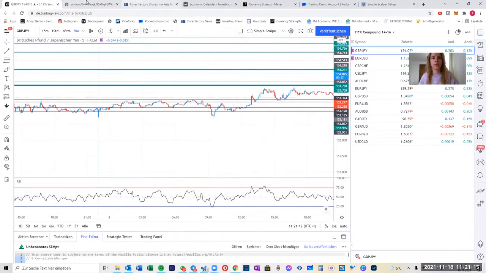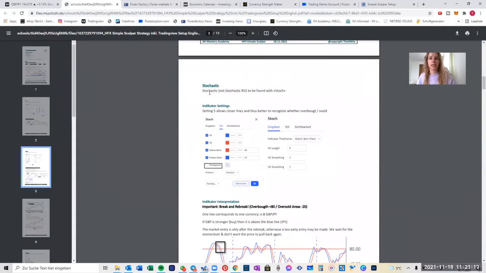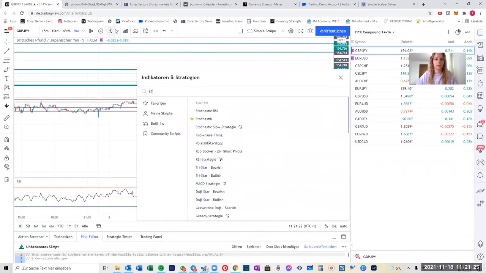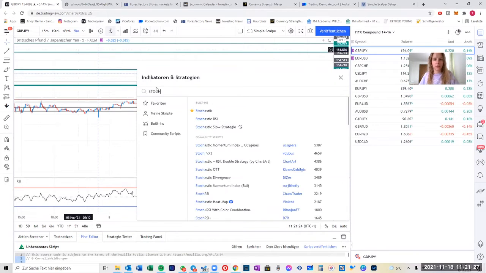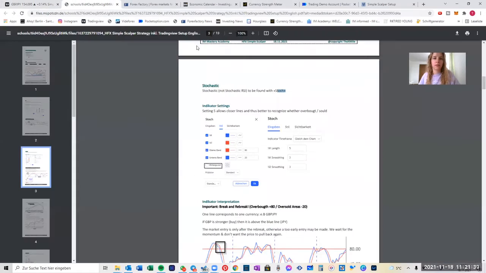Now that's the first indicator. And we go to stochastic. You search it with stoch. And here we have stochastic, not stochastic RSI, because that combines the two indicators. It looks a little bit confusing at first, but we're going through that. You have to set 80-20, 5-3-3.